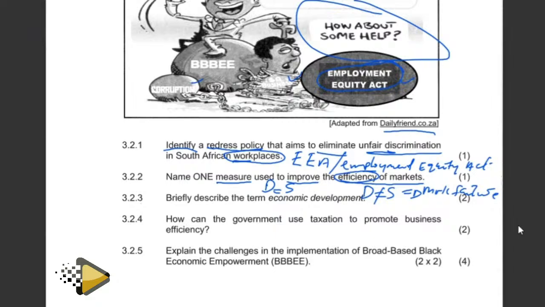Any argument that we are putting on the table, or any opinion or thoughts we are raising, should always address the issue of the household. So when you talk of economic development, we refer to improvement in the standard of living of the household.